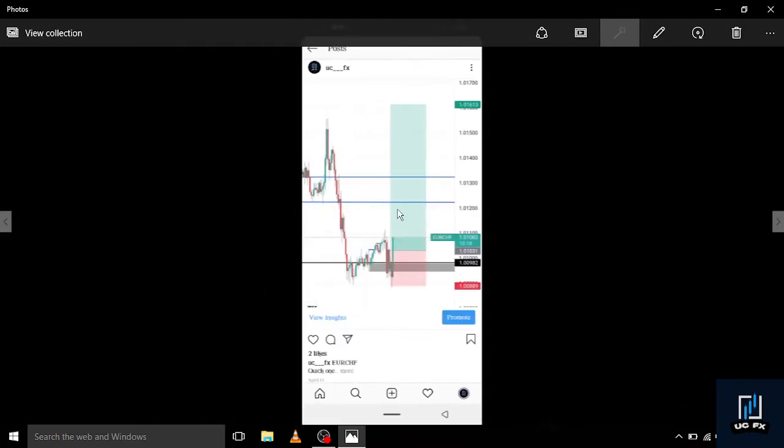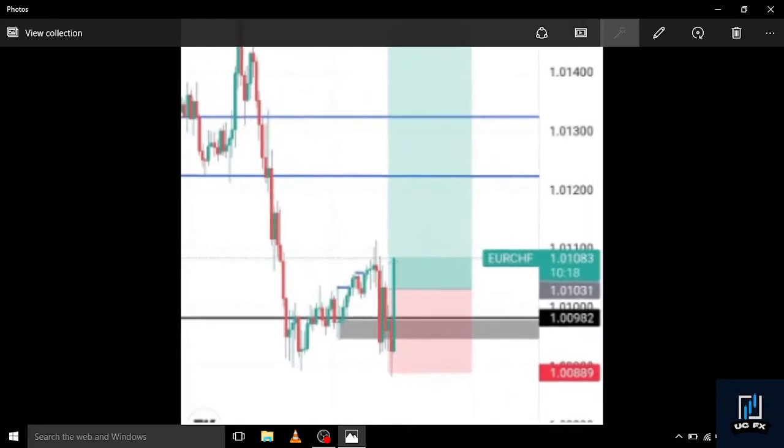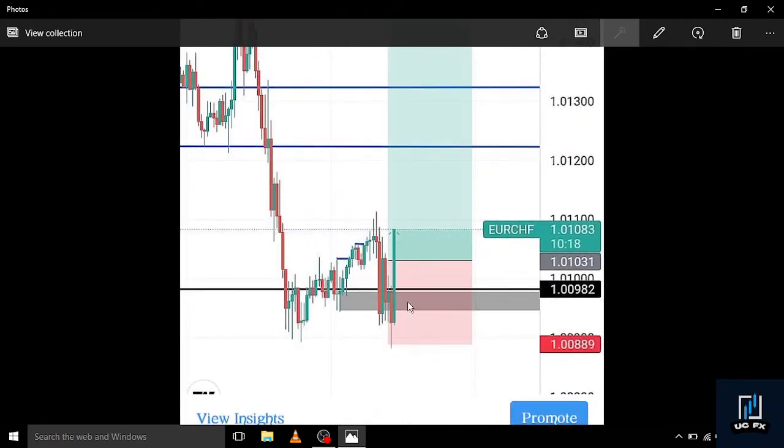I took the trade during the London Open, the London session. That's where I saw volatility. They did a stop hunt before they started moving up. This is EURCHF, and I'll break down everything: how I entered the trade, my entries, even my stop loss.